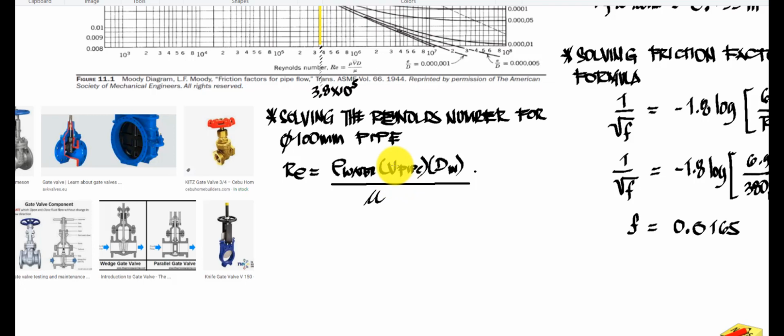Take note that since we changed the diameter, it will obviously also change the velocity.